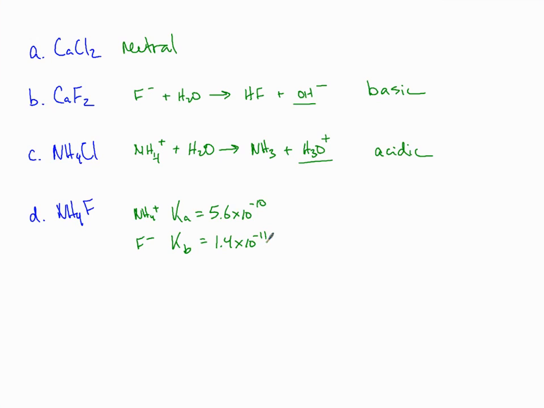And we're going to compare these two numbers. Basically, we're going to pick which one of these is bigger. Which one of these numbers is larger, and it's this one. The Ka for ammonium is larger than the Kb for fluoride, and so that's going to tip this towards being slightly acidic.